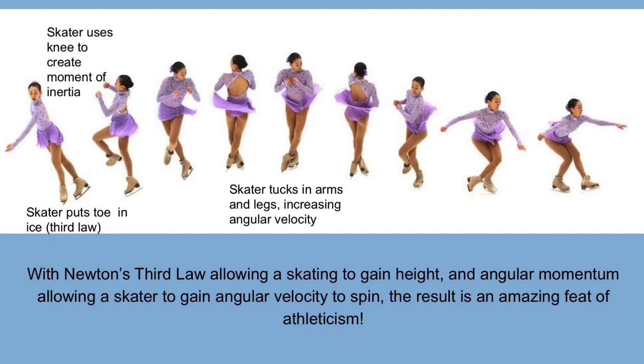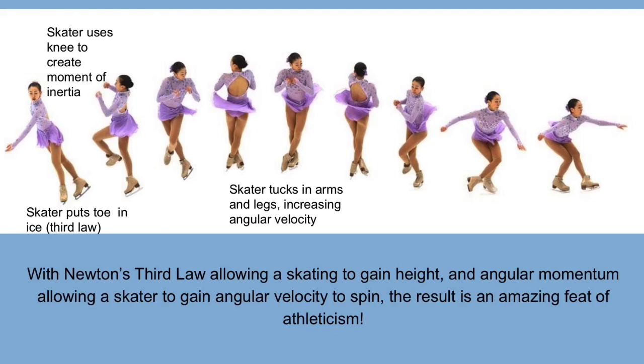So after we learned about third law and angular momentum, we can learn how to put them together to show how a skater creates one of these huge jumps. So in the diagram, the skater puts their foot into the ice, and this is an example of the third law in action, and then creates that angular momentum by lifting their knee up into the air and tucking in really quickly to increase that angular velocity.